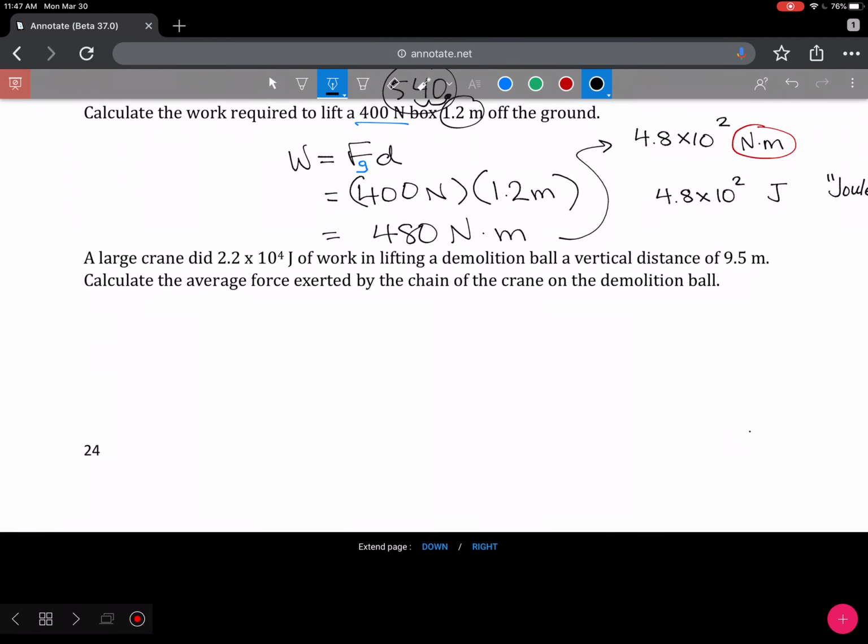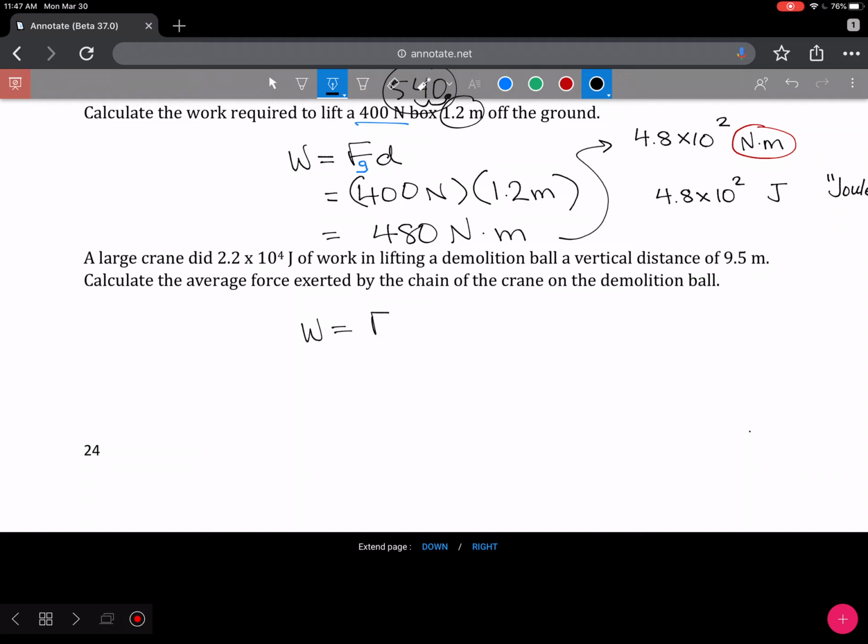Okay, and the last one here, a large crane has done 2.2 times 10 to the 4 joules of work in lifting a demolition ball a vertical distance of 9.5 meters. Calculate the force exerted by the chain of the crane on the ball.